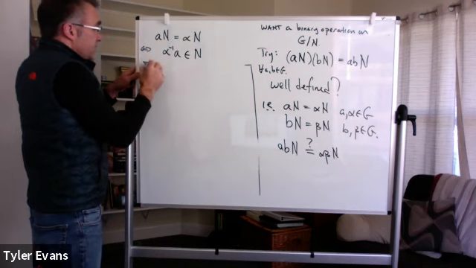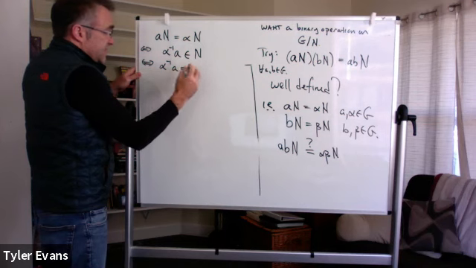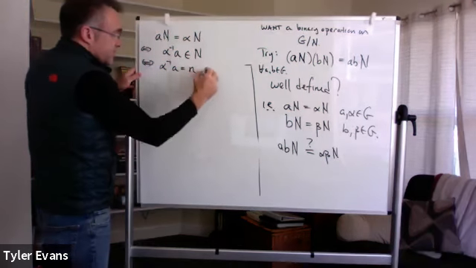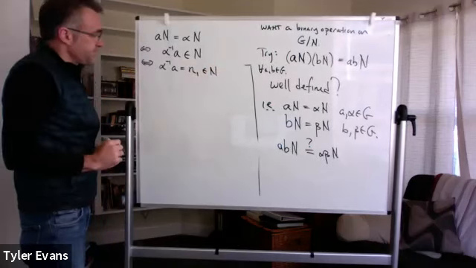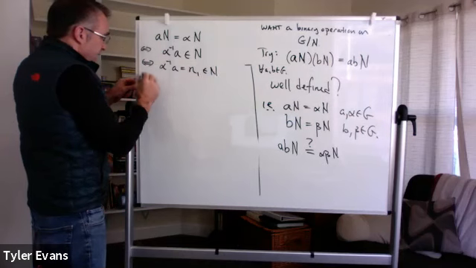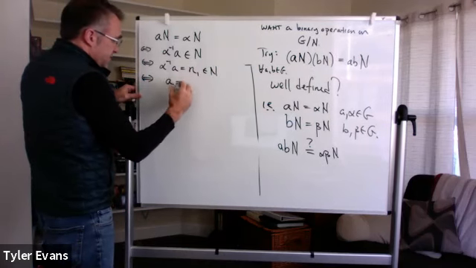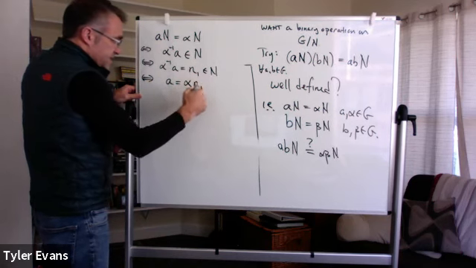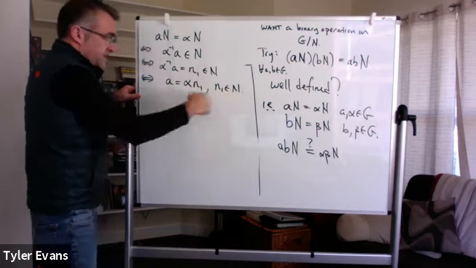Okay, so that means that alpha inverse A is equal to, I'm going to call it N1, because there will be some other ones, for some N1 in N. If I solve that equation for A, it tells me that A looks like alpha times an element in N. This is what I want.